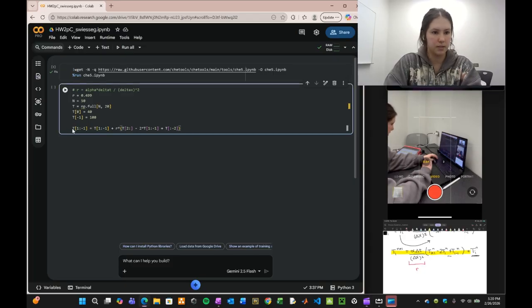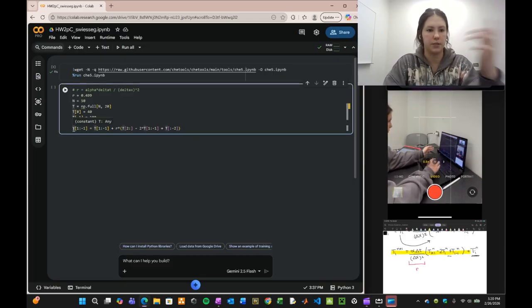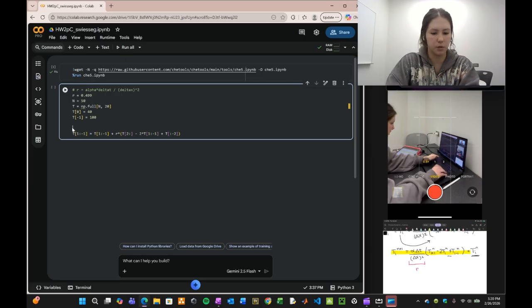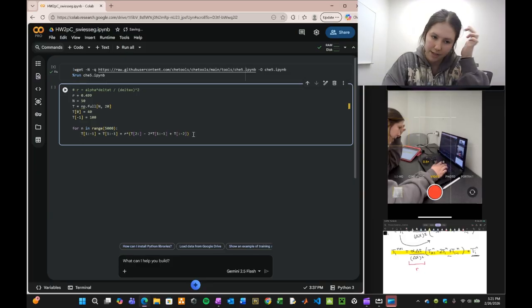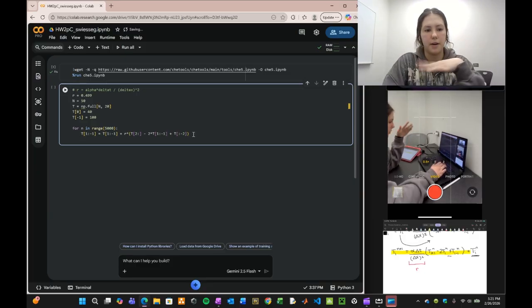But we need this to be in a loop because we want it to plot as it goes through each section. So we will say for n in range 5,000, this will be indented. We'll calculate that, and then 5,000 is a lot, so we can have it plot every 50 or so.